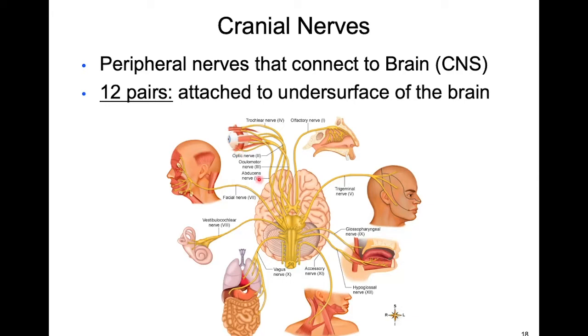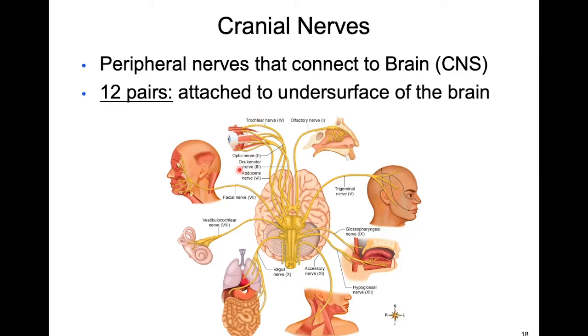So we have 3 pairs of motor cranial nerves that are responsible for being able to control those intricate eye movements. And the oculomotor nerve actually innervates, I believe, 4 of those muscles, whereas abducens as well as trochlear are specifically dedicated to one specific muscle. And so for cranial nerves 3, 4, and 6, oculomotor, trochlear, and abducens, they are all purely motor cranial nerves.